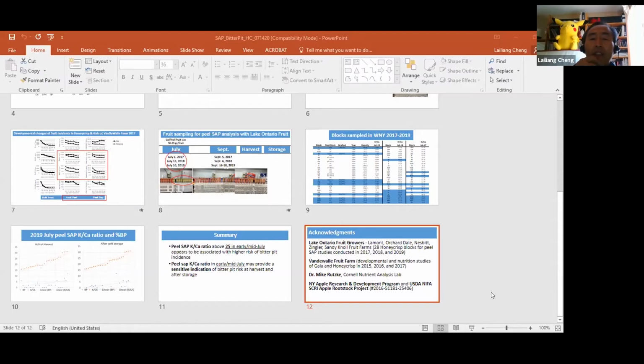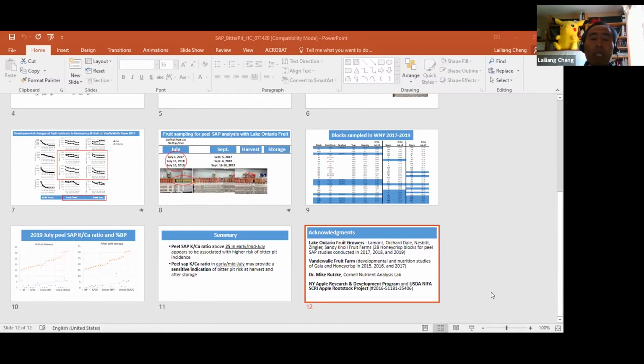I think nitrogen to calcium ratio could be an important one, but we have not figured out a very effective method to measure nitrogen in the sap. We're working on it. We have some good ideas. We're going to test those ideas this year and next year.